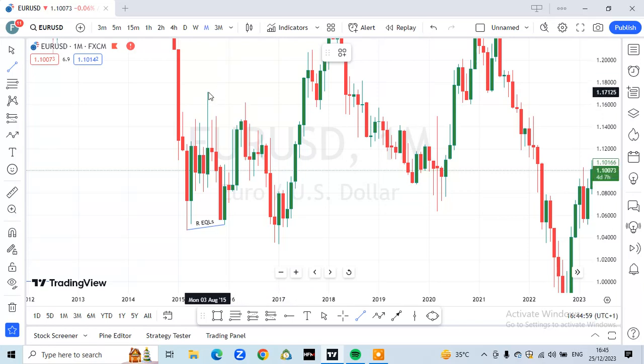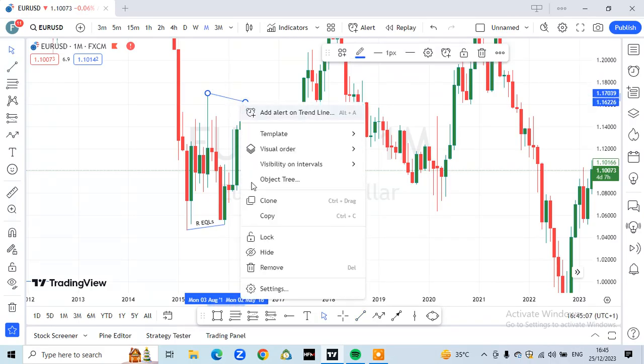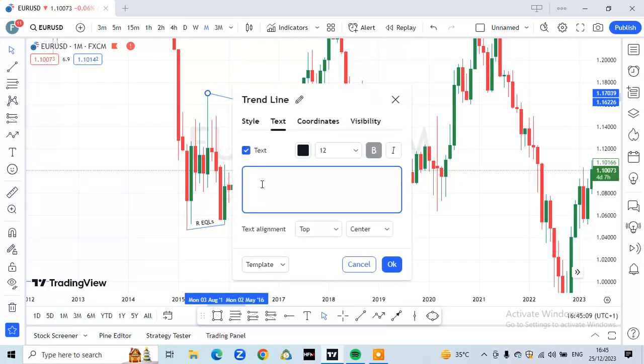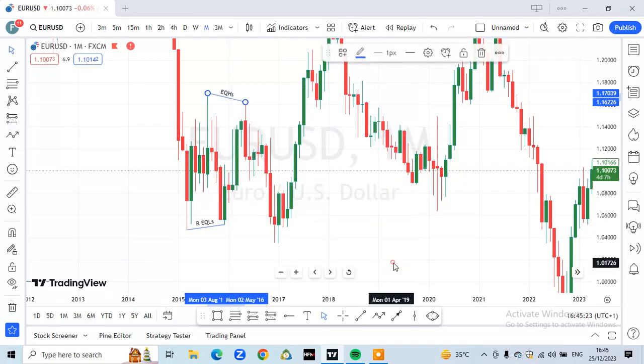This is another reference point. This is another equal low, equal highs. This is another equal highs. This is another equal highs. These are another equal highs.